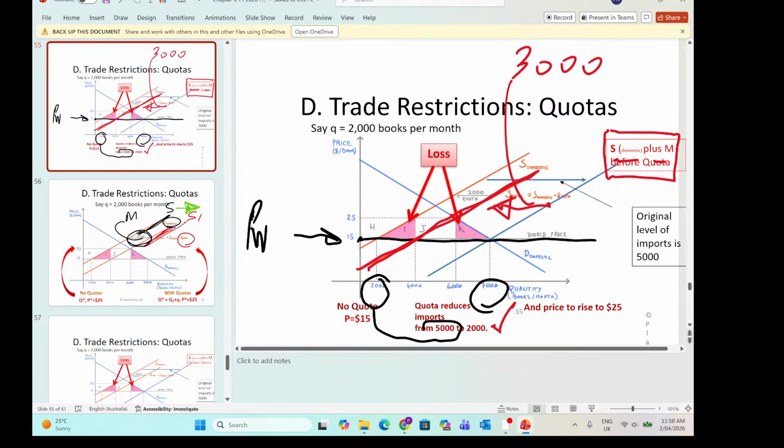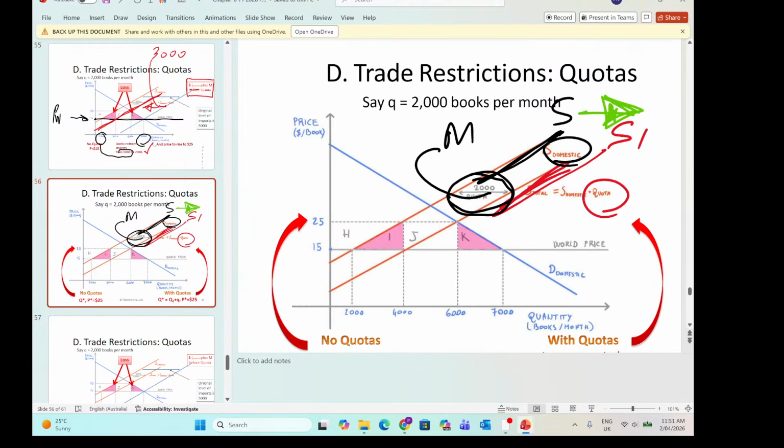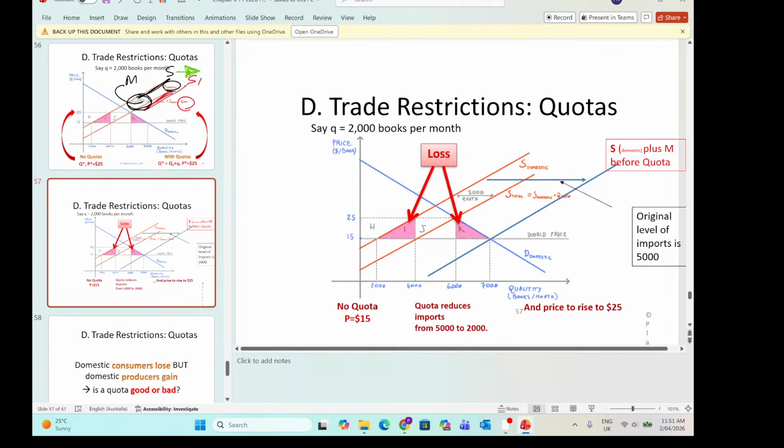So suppliers are not allowed to import 3,000 anymore. They're only allowed to import 2,000. They're not allowed to import 5,000 anymore. So 3,000 fewer imports.